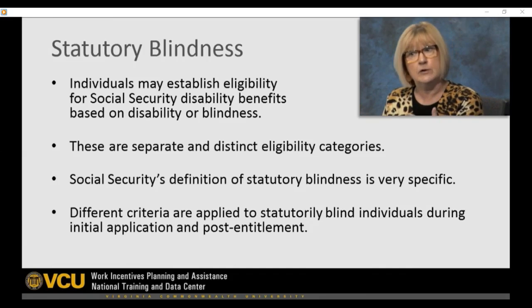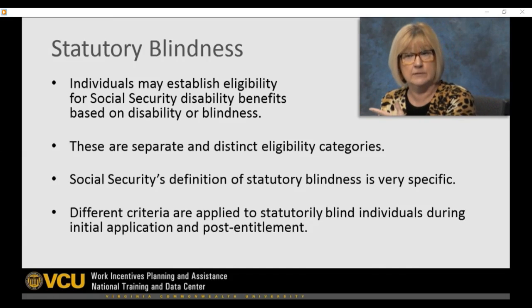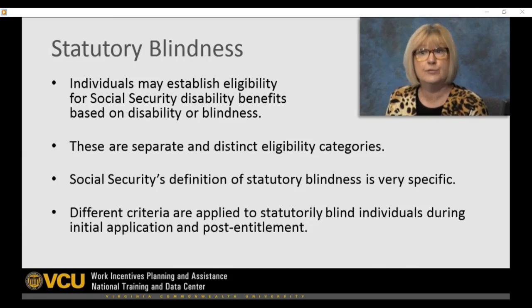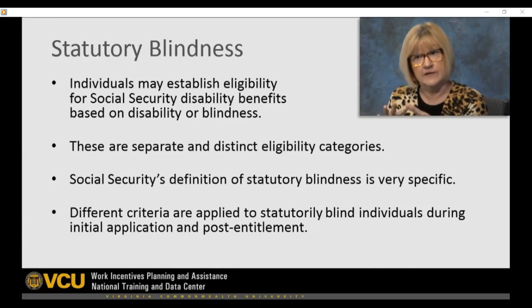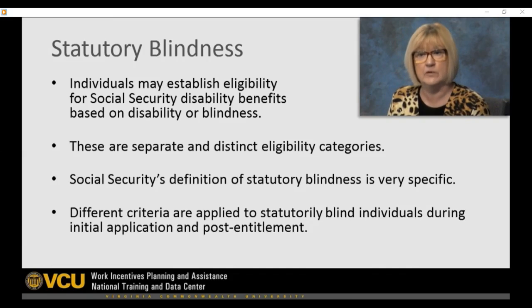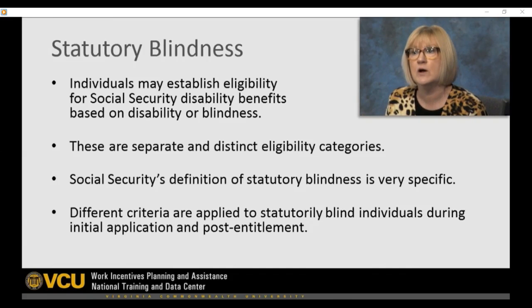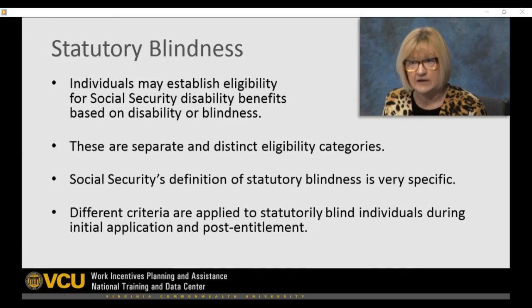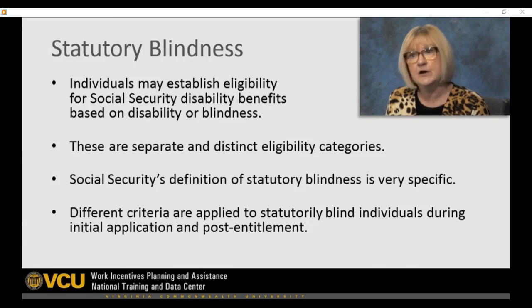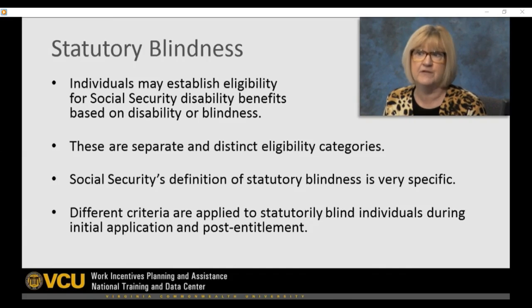So you can either establish eligibility as a disabled individual or through statutory blindness. And as I said, these are separate distinctions of disability and how you become eligible. There are very separate and distinct eligibility categories, and there are different criteria that individuals meet in order to be found eligible for benefits based on statutory blindness.